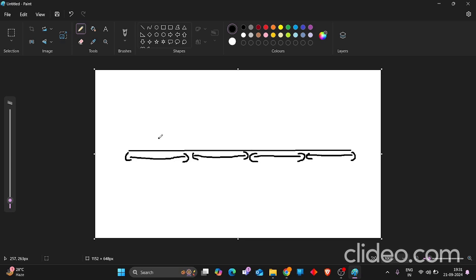One feature is added at first sprint, second feature is added at second sprint, third feature at third sprint, and fourth feature at fourth sprint. These intervals are called sprints.